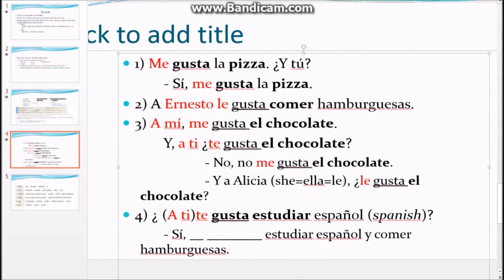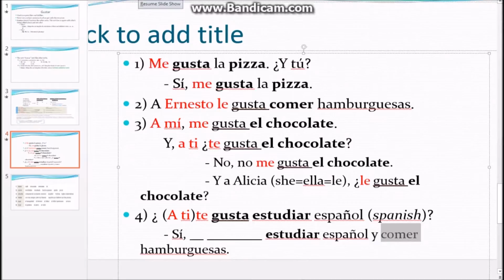So has the what changed? In number 4, we said the what is studying Spanish, so gustar agrees with that. And the response to this, we have what? We have studying Spanish, so estudiar is an infinitive verb. Is that the only thing that's liked? No, we have 2.